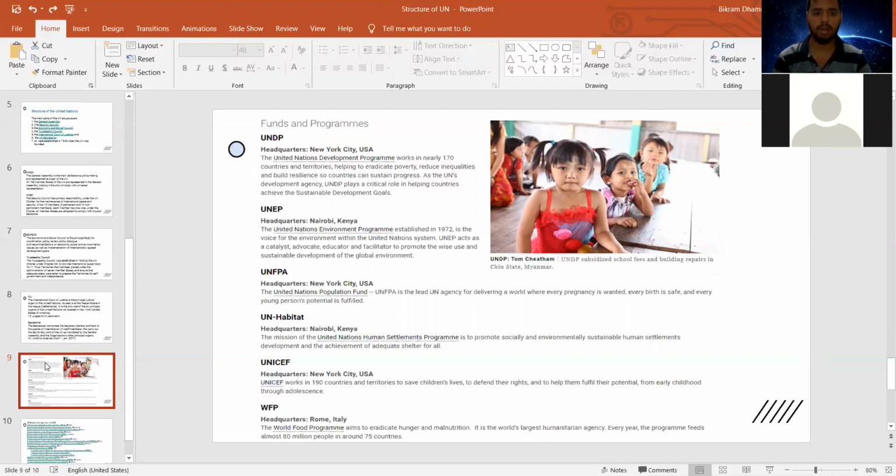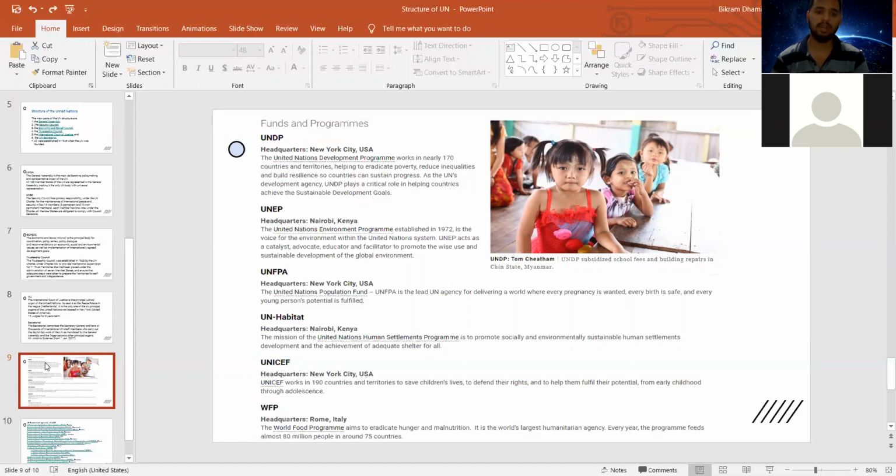It is the organ which advocates the voice for environmental issues in the United Nations system, and UNEP acts as a catalyst to promote the wise use and sustainable development of the global environment. This program is mainly concerned with environmental issues. It advocates for the preservation, conservation and protection of the environment.